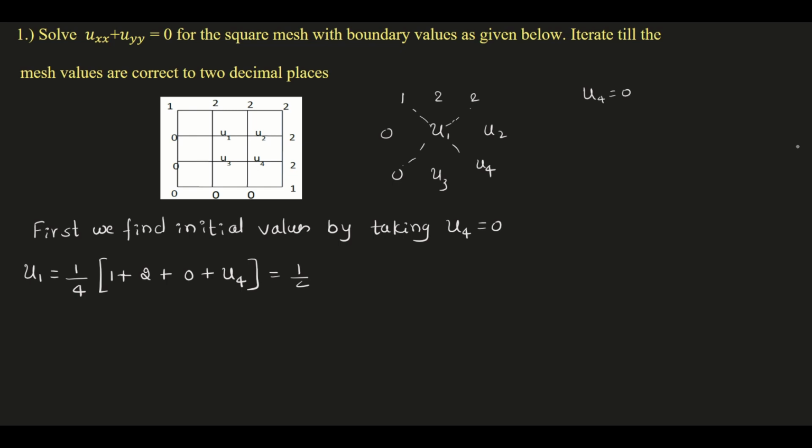Now 1/4 times 1 plus 2 plus 0, u4 is 0. So 3/4. What will be the value? Use the calculator. It will be 0.75. What I used is the diagonal 5-point formula.